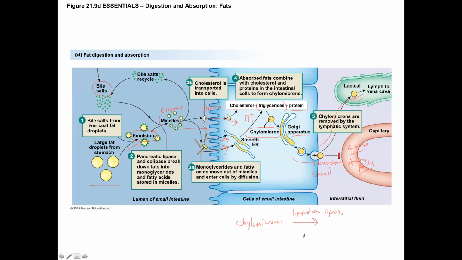And this is where we start to see formation of things like HDLs, LDLs, VLDLs, and so forth, which stand for high-density lipoproteins, low-density lipoproteins, very low-density lipoproteins. So this lipoprotein lipase is starting the process of creating our lipoprotein structures in the cardiovascular system.